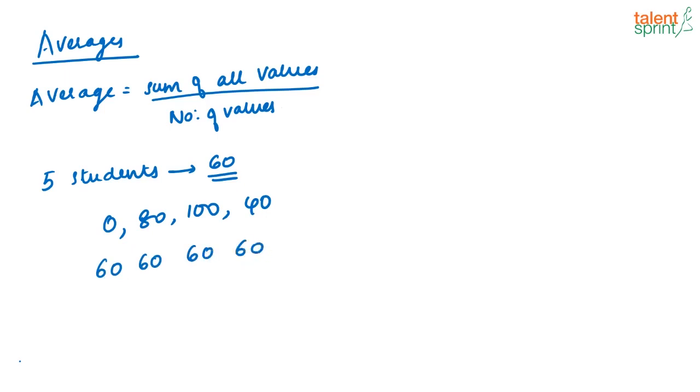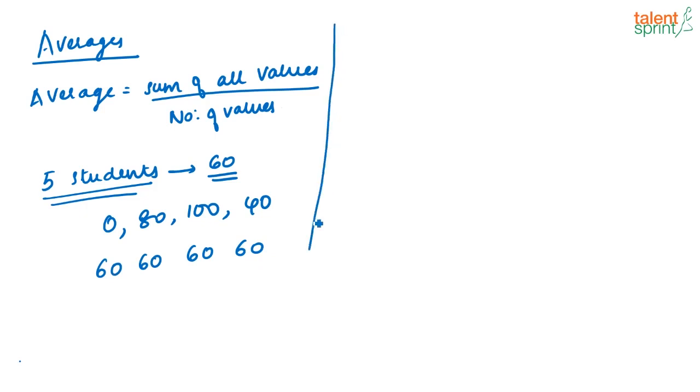That's what it means. It does not mean that each student separately has 60 marks. It means that if I distribute the total marks of all the students equally among the students, then each student will get 60. That is what average means.